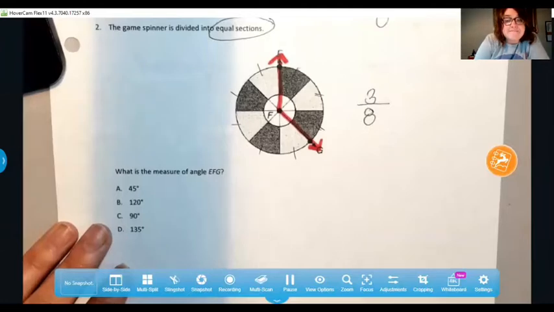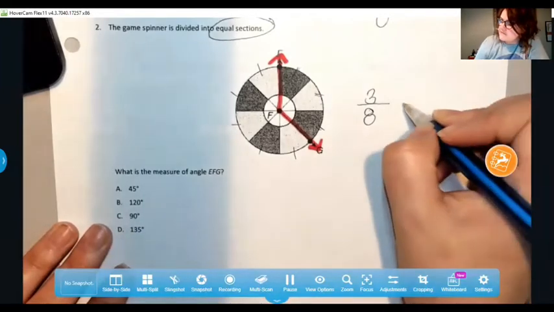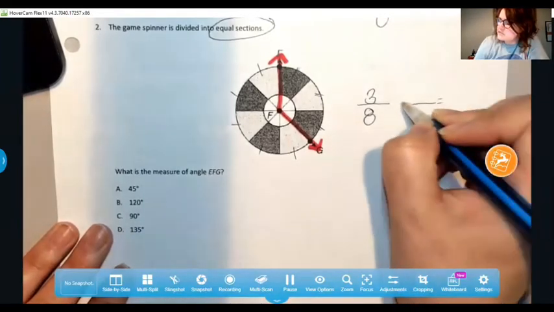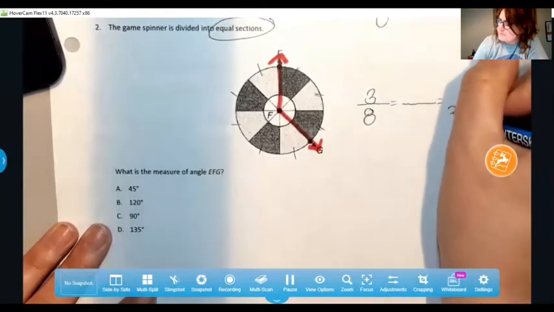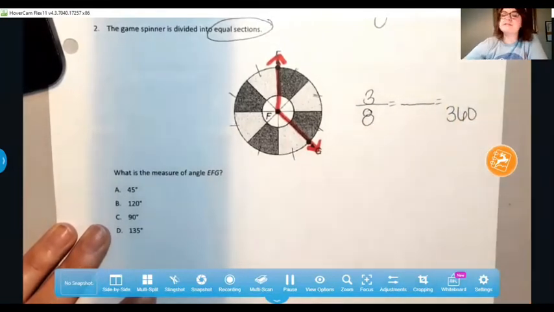We can use the information that we learned in the previous question to answer this question, because we're still trying to get to the circle, which is going to be 360 degrees.